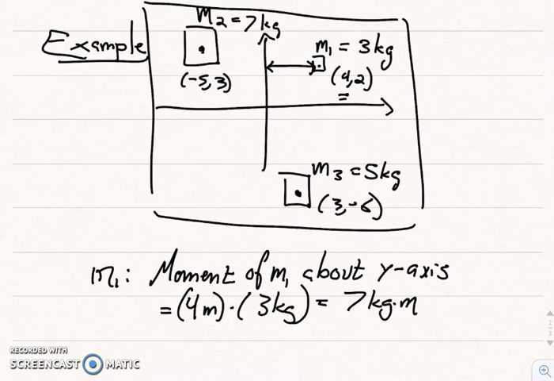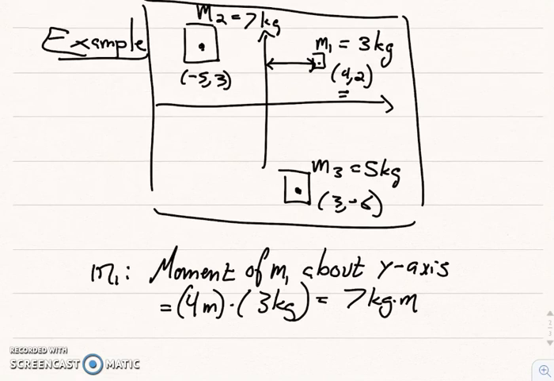Another word that might be helpful to understand is that this moment of M1 about the y-axis is the tendency of M1 to torque, I'm using that as a verb, to torque the whole system about the y-axis. So we can similarly define the moments of all of the other masses about the y-axis. I'd like to find the total moment of the system about the y-axis.